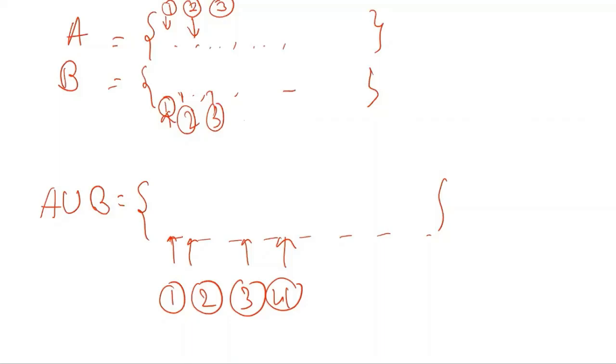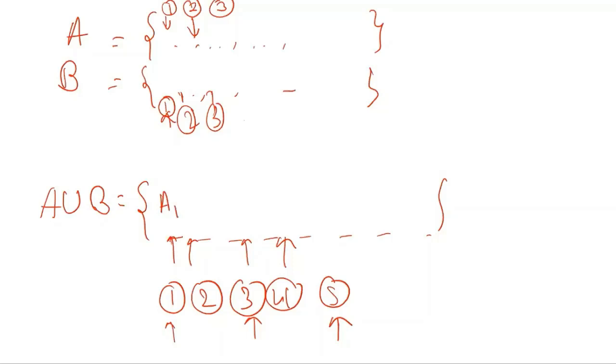We can do it this way: for every odd number, pick one element of A one by one. So here I will put A1, right?